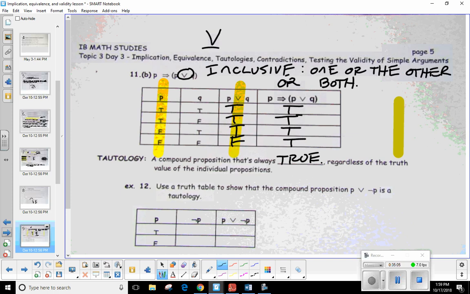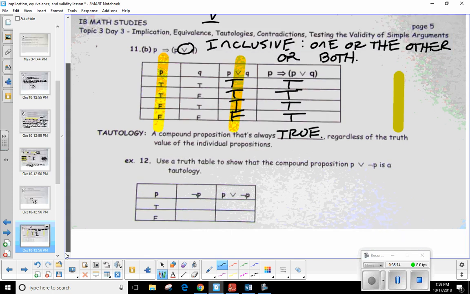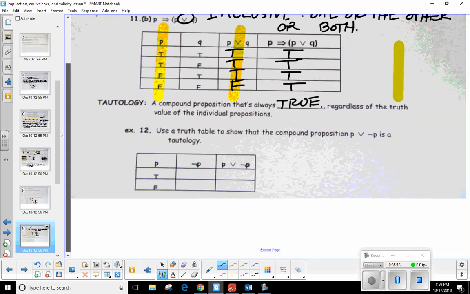Okay. Now, use the truth table to show that the compound proposition P or not P is a tautology. Well, not P is just changing the truth value here. So that's false, and that's going to be true. Now, what about this?